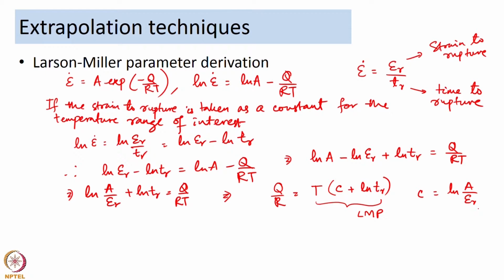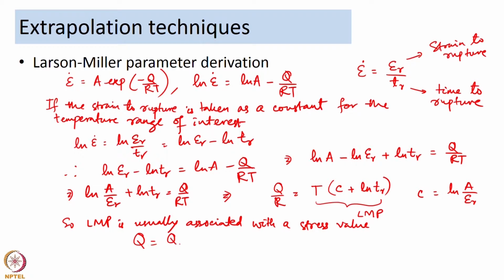Now, the Larsen-Miller parameter is generally given for a certain value of stress. LMP is usually associated with a stress value. That means if the stress value changes, then the LMP also changes. This is because we always discussed Q as a function of stress.